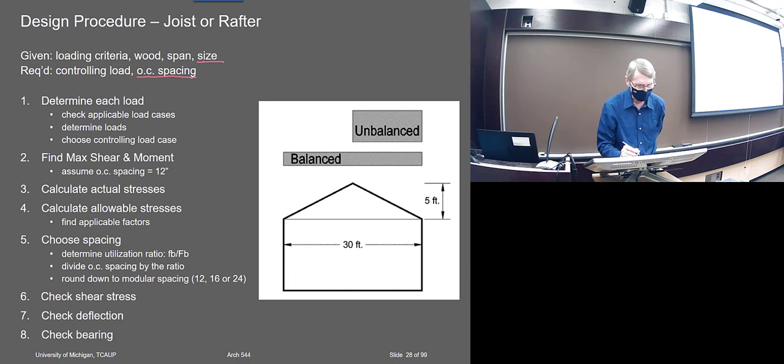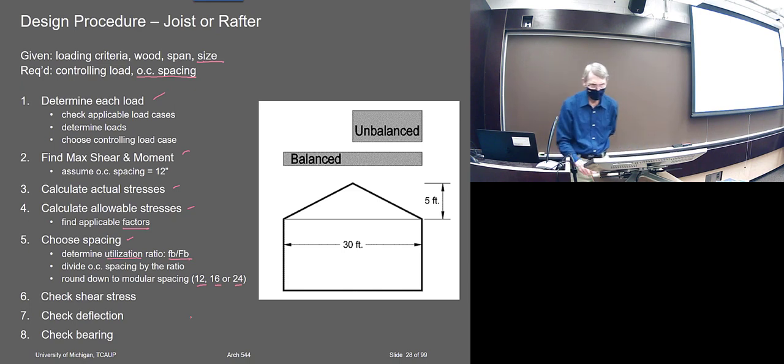Okay, so again, we're going to determine the load, find the moments, calculate the stresses, and then look in the NDS at the allowable stresses, and then apply all the factors that we need, and then choose the spacing. So to determine the spacing, ultimately we look at a utilization ratio and then use that to choose which spacing we want.